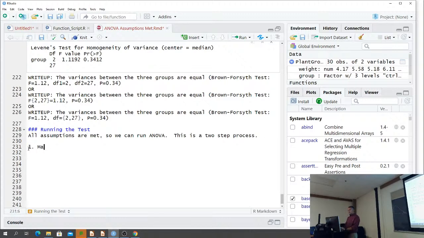First, we make a linear model using the lm function. And we're going to say mod, because we're going to save it. So we're going to create a linear model of our data.